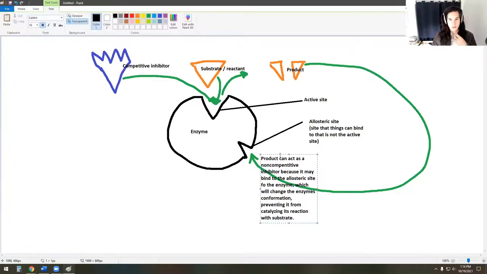It's a long definition, but that's what's happening here.